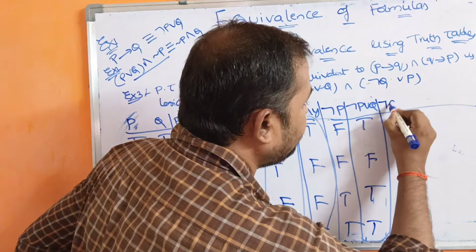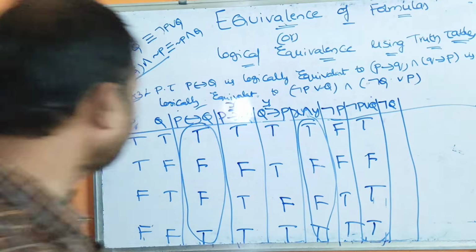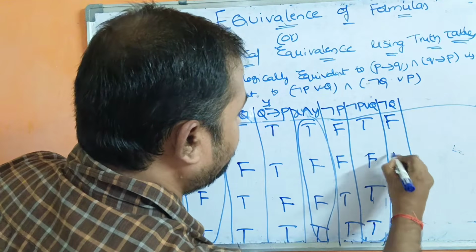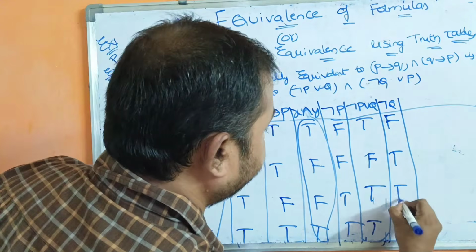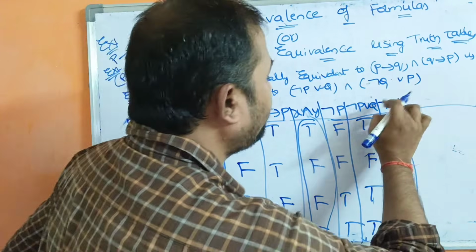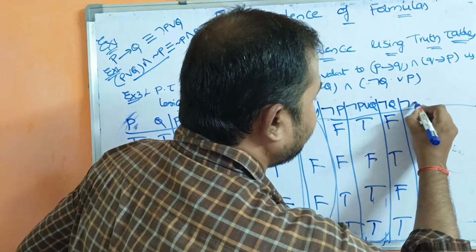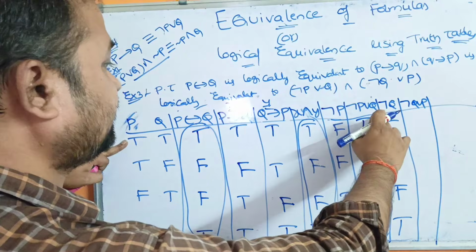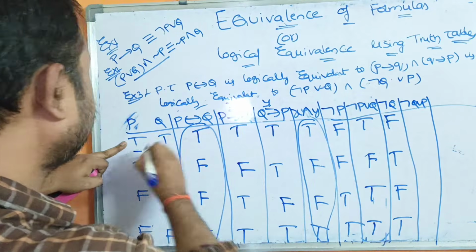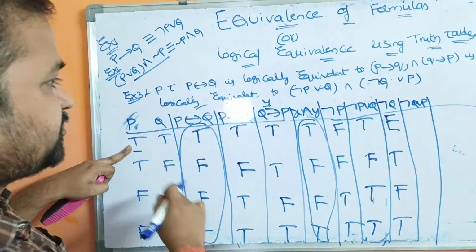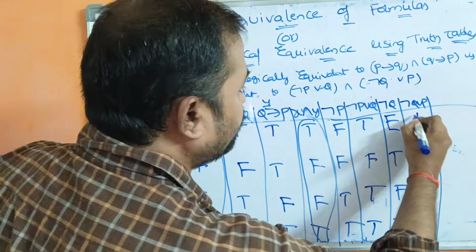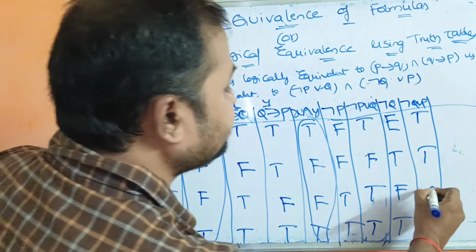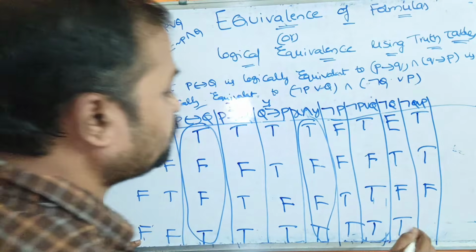Next we need to calculate negation Q. True false becomes false true, and false true becomes true false. Next we perform the OR operation, negation Q or P. This is negation Q, this is P. True false means true, true true means true, false false means false, false true means true.